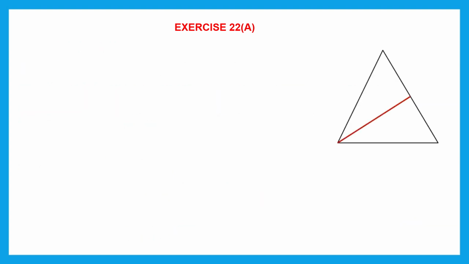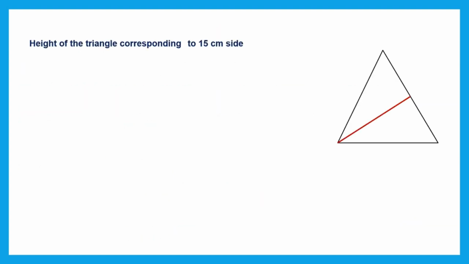So let's remember to use this area. Now we're going to find the height of the triangle corresponding to the 15 centimeters side. So this is the 15 centimeters side and this is the height that we have drawn starting from the opposite vertex. So this is the height that we are going to find. So what is given to us? Base, we're going to consider this side to be the base and area, we just found out to be 60 centimeters square.